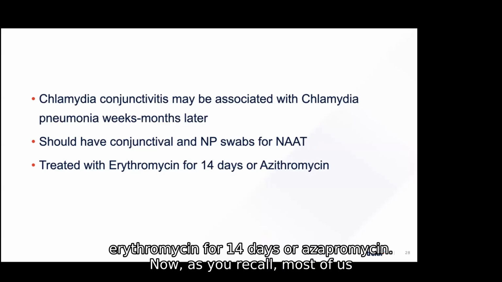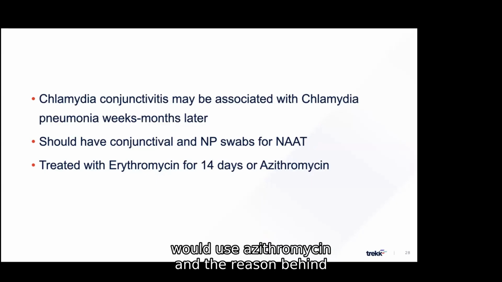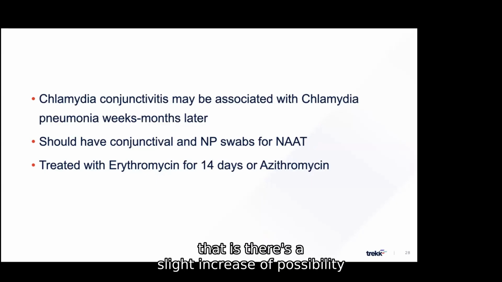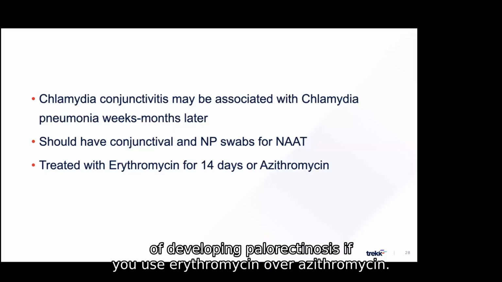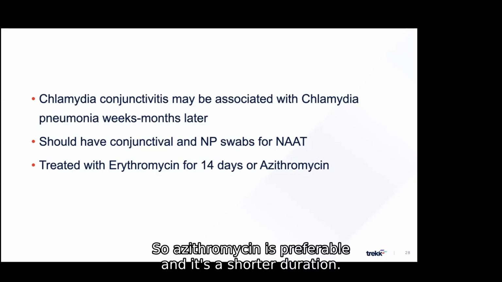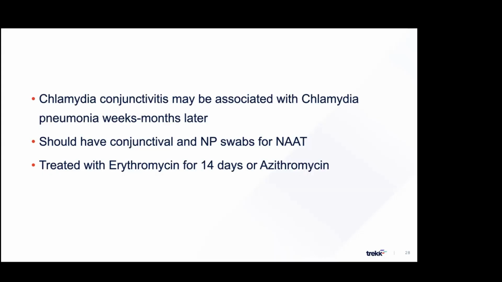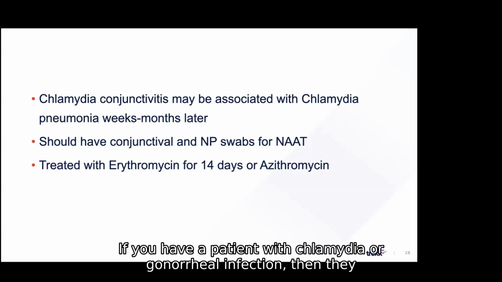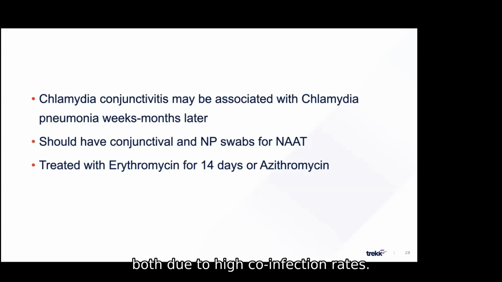Now, as you recall, most of us would use azithromycin, and the reason behind that is there's a slight increase in the possibility of developing pyloric stenosis if you use erythromycin over azithromycin. So azithromycin is preferable, and it's a shorter duration. If you have a patient with chlamydia or gonorrheal infection, then they should be treated for both due to high co-infection rates.